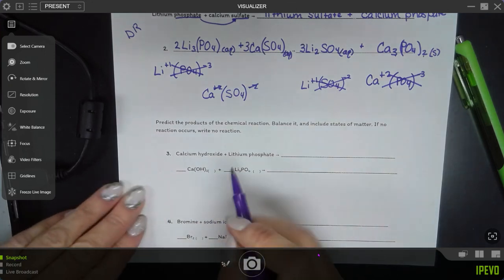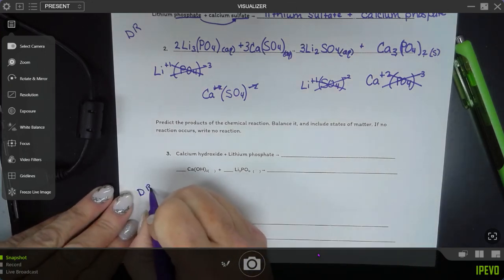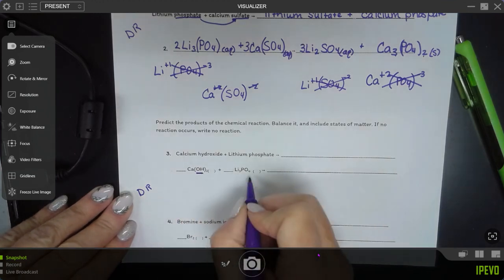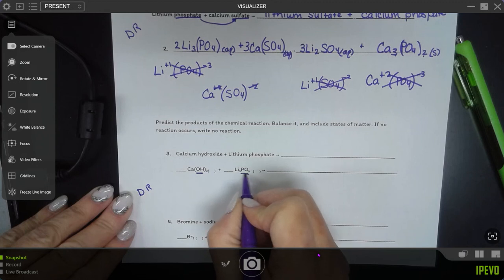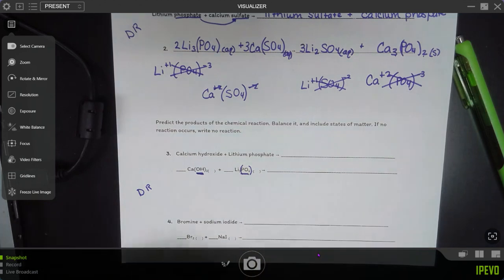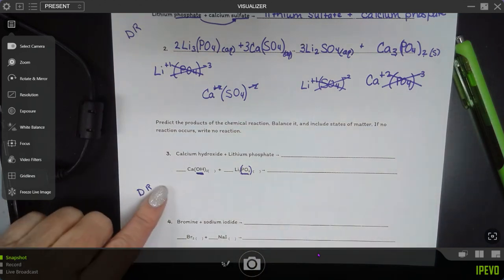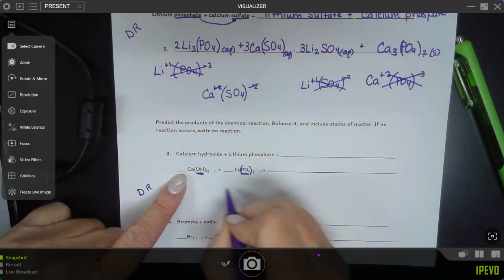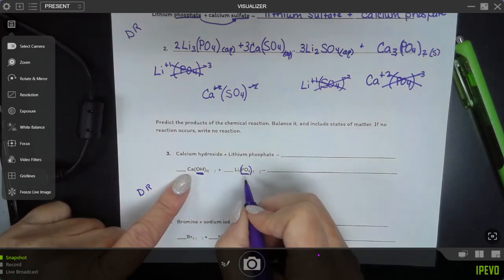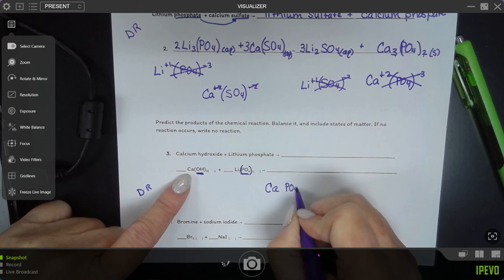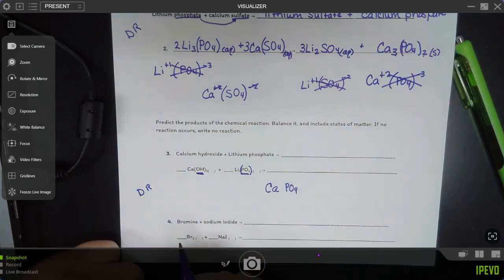Okay, so 2 compounds, that tells us this is a double replacement. Now, hydroxide and phosphate are my 2 anions. Remember, anions are going to switch places. So I'm going to end up with, on the other side, calcium phosphate. Now we can't just write calcium and phosphate, because we have to look at the charges.